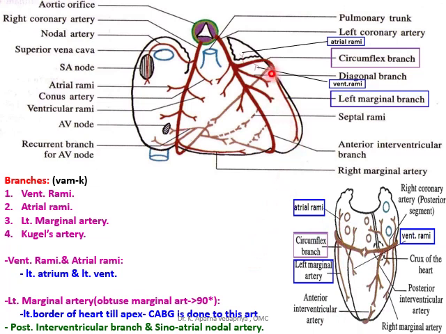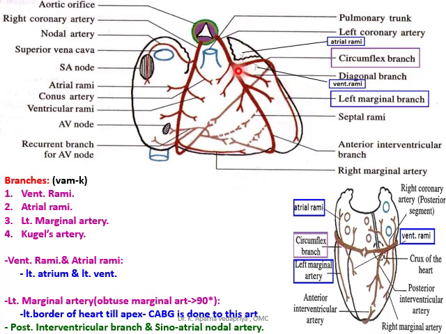This left marginal branch is also called the obtuse marginal artery, as it makes an obtuse angle from the circumflex branch, which is more than 90 degrees. This left marginal branch is one of the coronary arteries more prone to obstruction, the coronary block.